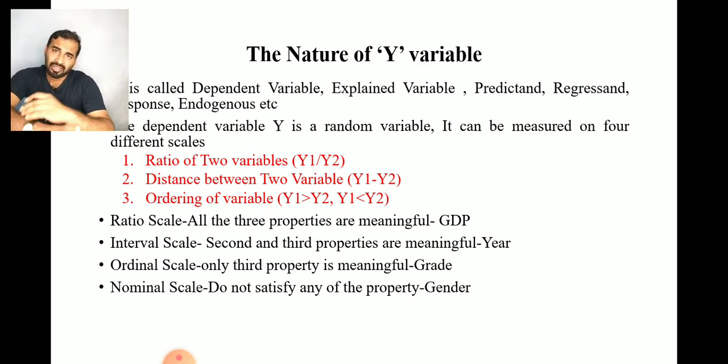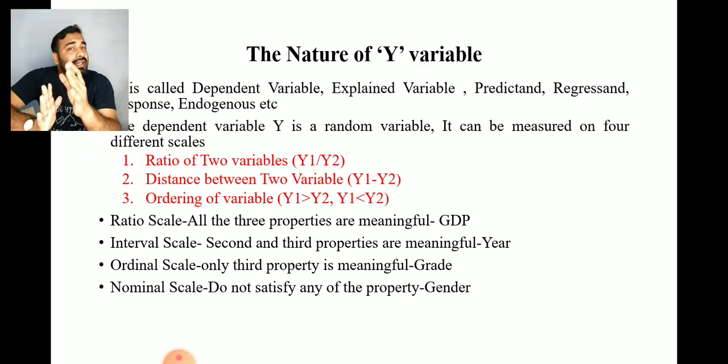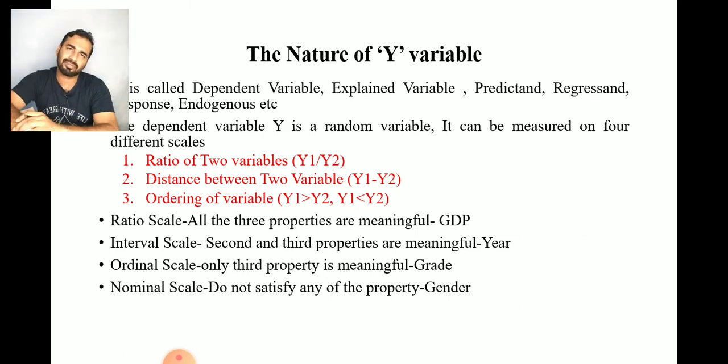These 4 different scales are based on 4 criteria, or broadly there are 3 criteria and we can add one more, so there will be 4 criteria. First, whether the ratio of 2 values of the variable has any meaning or not. What does ratio mean? One value divided by another value.